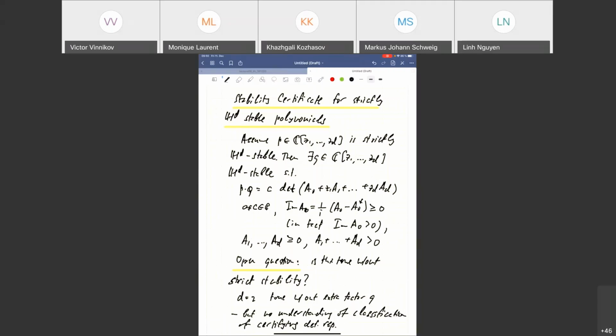Its highest degree homogeneous component will come from here. And that's, of course, a positive definite determinantal representation.